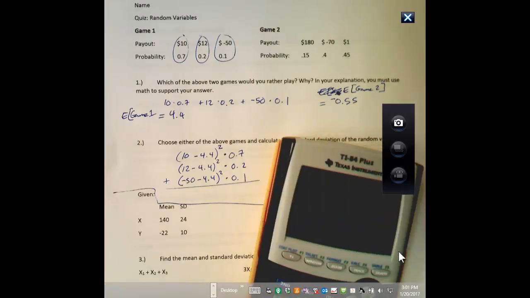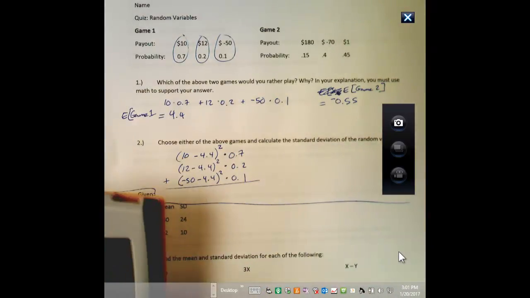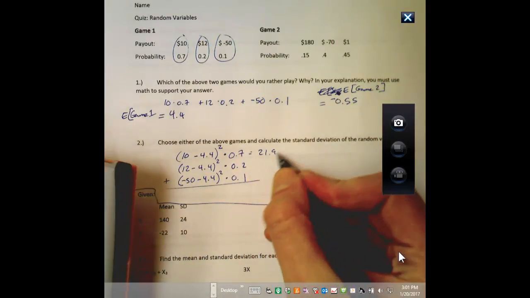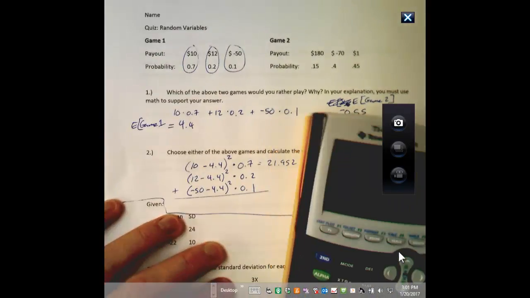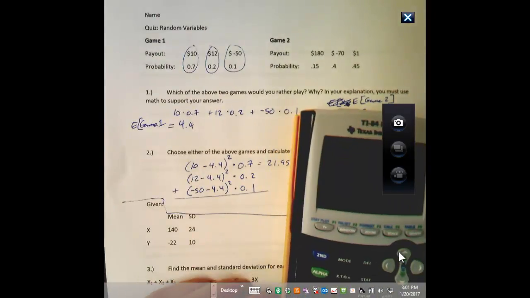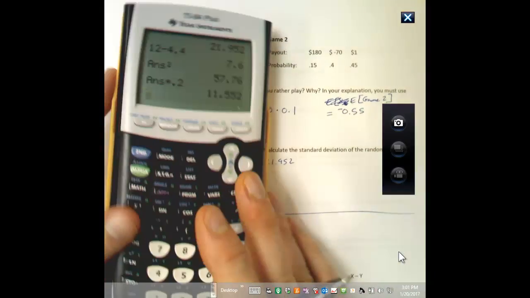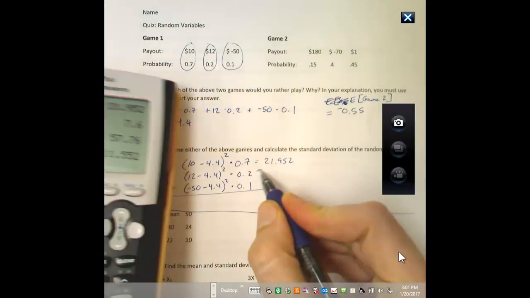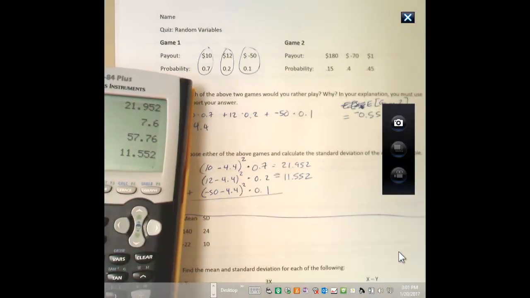So actually I'll do this an item at a time since I'm doing it all in the calculator here. So 12 minus 4.4 squared times 0.2. You can't see that, can you? Okay, well there it is. That's what I just did. Okay, well now you can see.